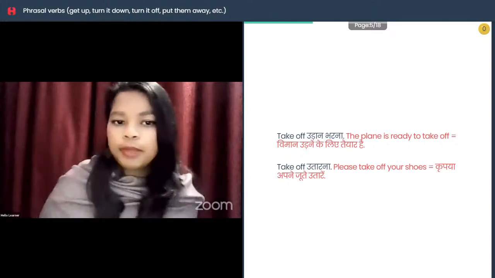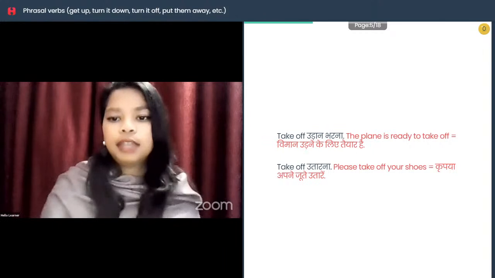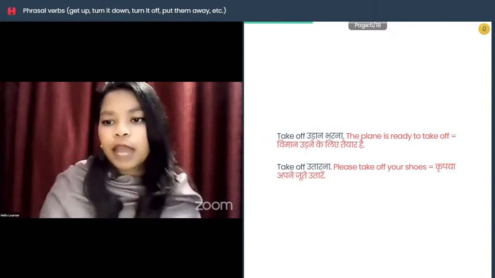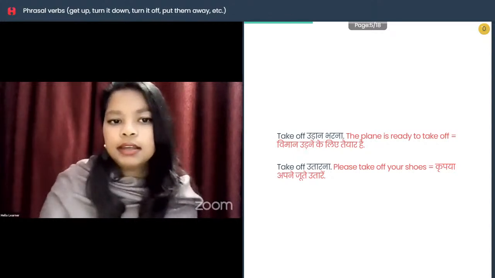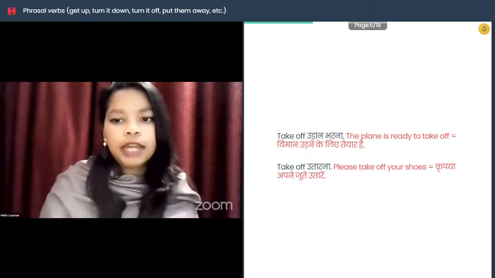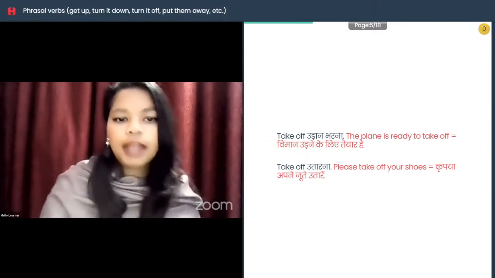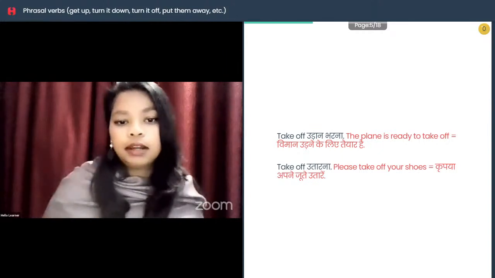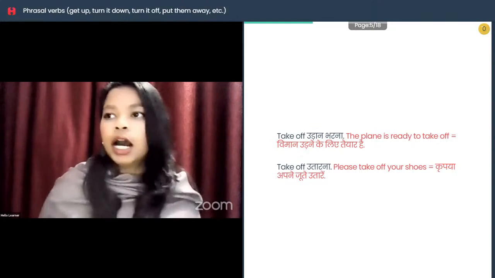It's easier to remember these phrasal verbs if you write them somewhere and then keep on practicing. And the rest of you, I would want you to come up with different sentences that you can use with these phrasal verbs. All right. So get ready. I will be asking you about the first takeoff and the second takeoff. Takeoff, utarna. Please take off your shoes. Please take off your coat.